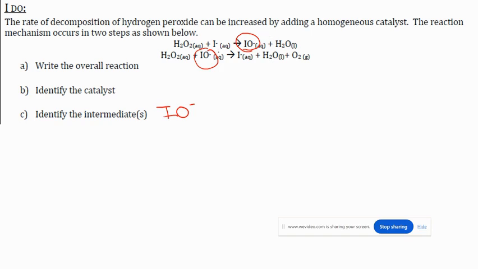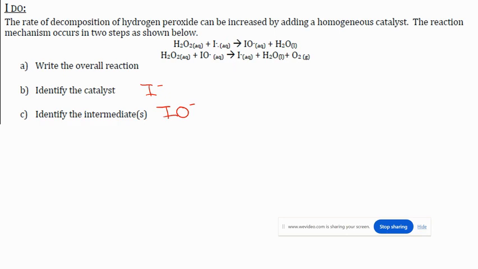Now, if we look at our catalyst, a catalyst will appear in the first step, and it appears the same at the very end. So that is our catalyst, right? It appears in the first step, and it appears in the very last step again, because it's coming back out, and now it can get reused.